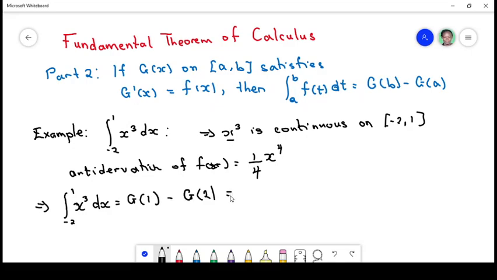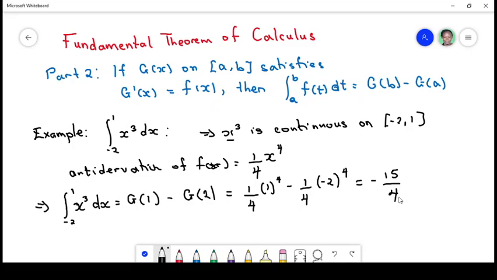And this is going to be equal to 1 divided by 4, 1 to the power 4, minus 1 divided by 4, -2 to the power 4. If you simplify this, this is going to give us minus 15 divided by 4.